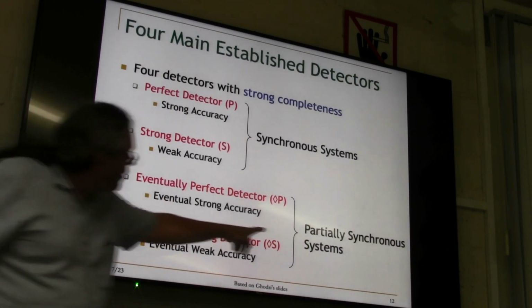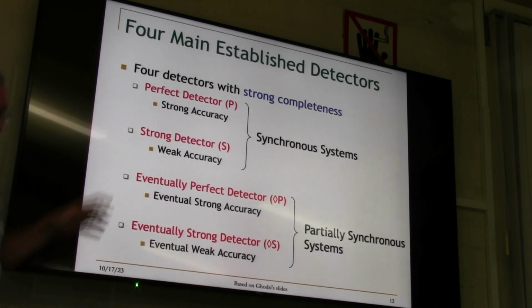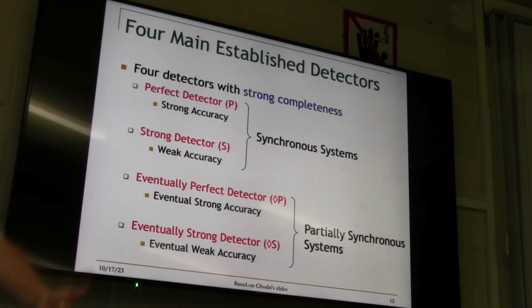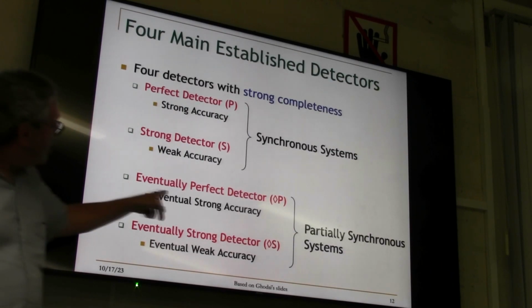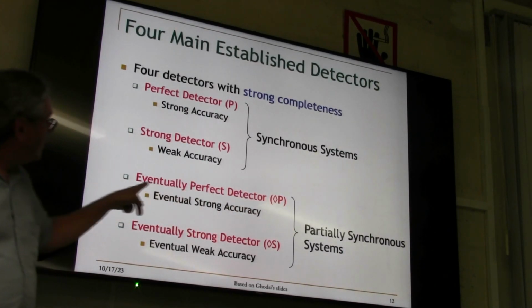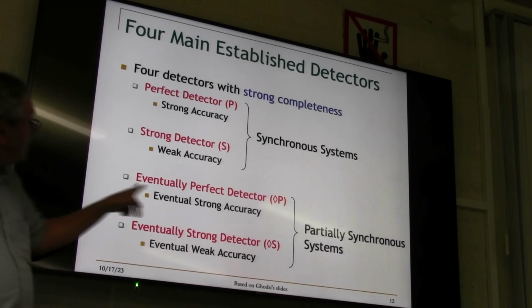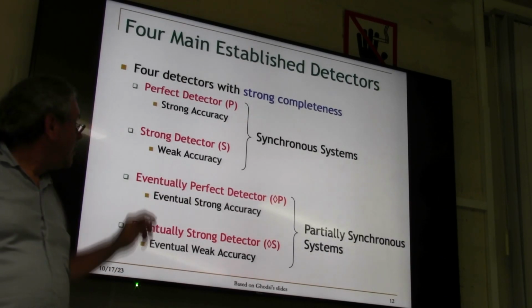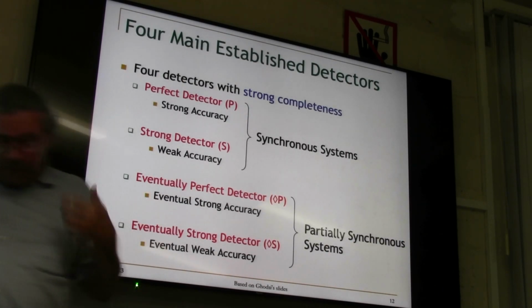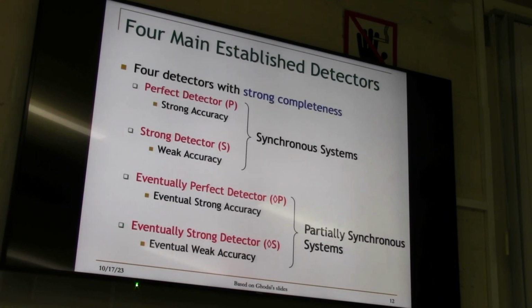The partially synchronous system, remember, starts out asynchronous. Eventually there are bounds. That means the failure detector is not perfect, but it's eventually perfect. It starts out making mistakes, but after some time, it doesn't make any mistakes anymore.